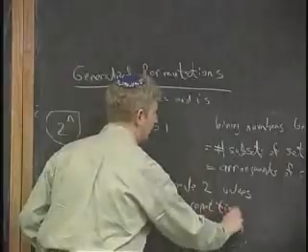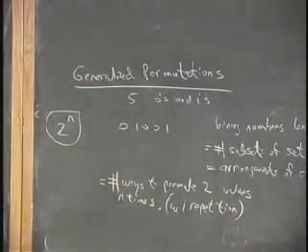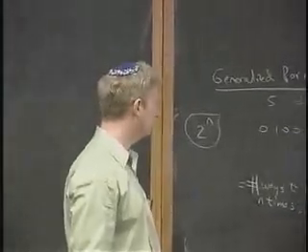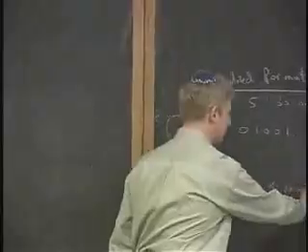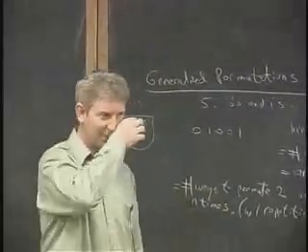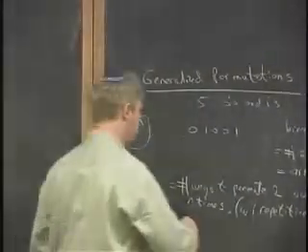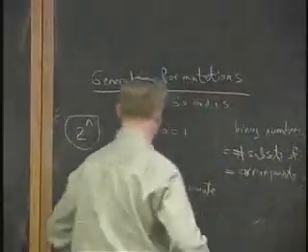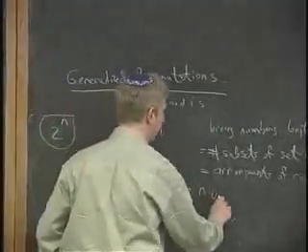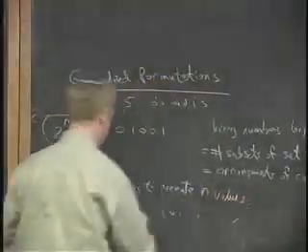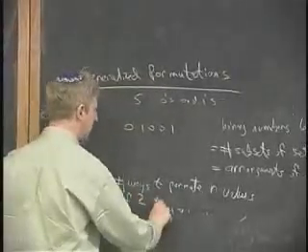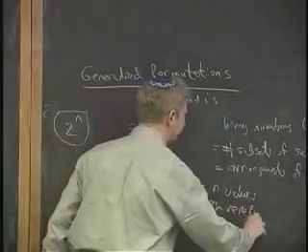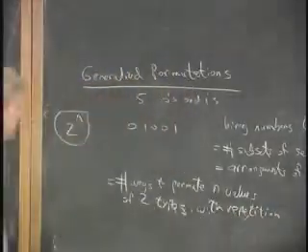Because obviously, you can't do something n times with only 2 values unless you're allowed repetition. Yeah, Tony. You say the number of ways to permute n values of 2 types. That's better. I like that. The number of ways to permute n values of 2 types with repetition. That's better.